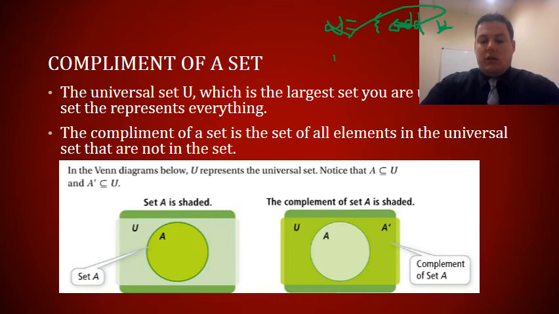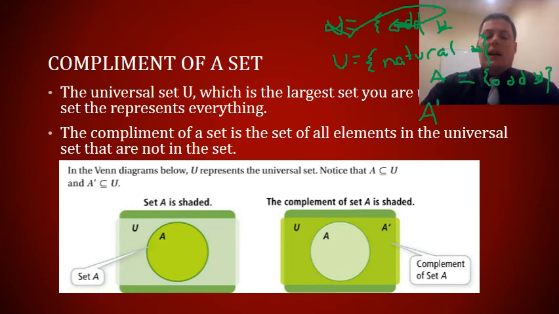If the universal set was natural numbers, so remember, natural numbers are counting numbers, 1, 2, 3, 4, 5, etc., and then you had a set A, which was odd numbers, then your complement, which we would write as A with a little comma, that comma is called prime.